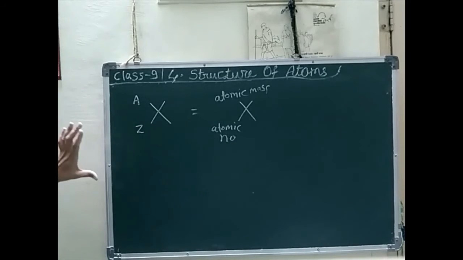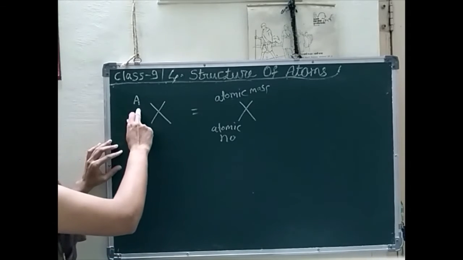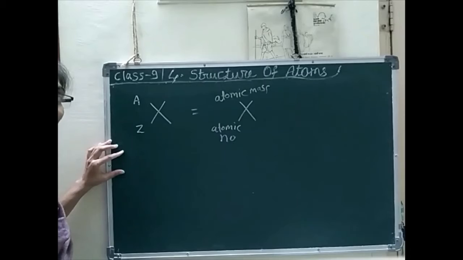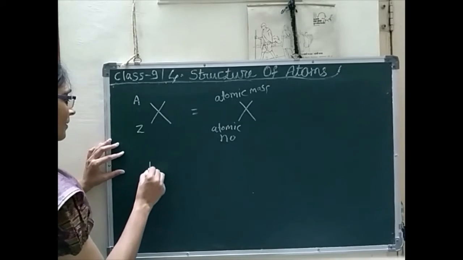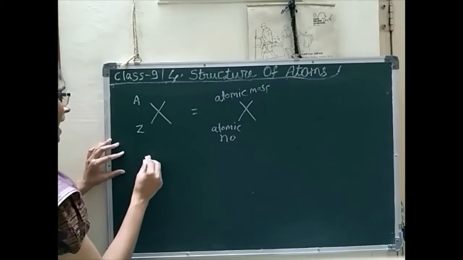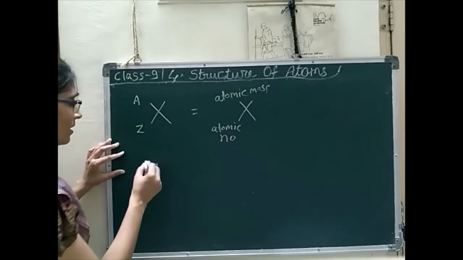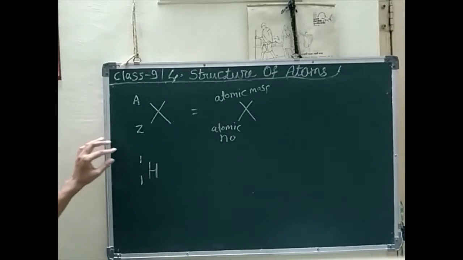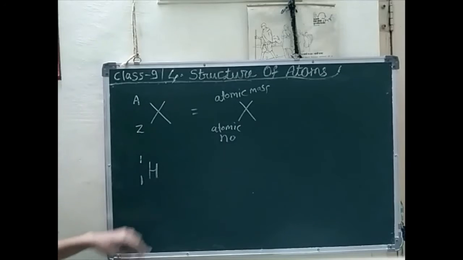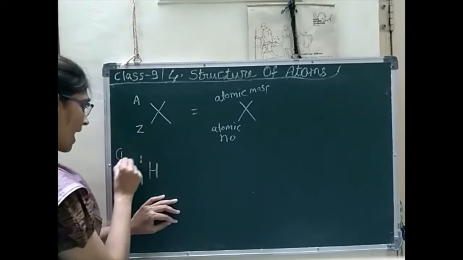In this manner you can remember: A is the atomic mass, Z is the atomic number. For hydrogen, H has atomic number 1 and atomic mass is also 1.